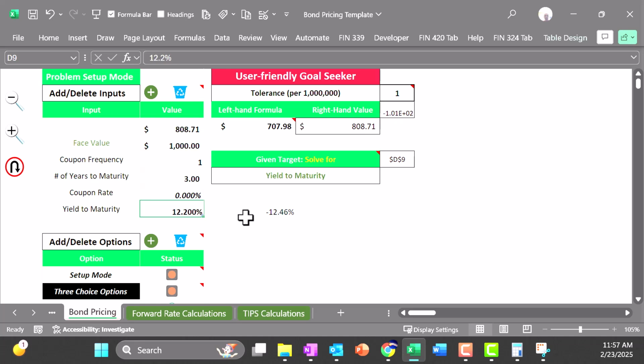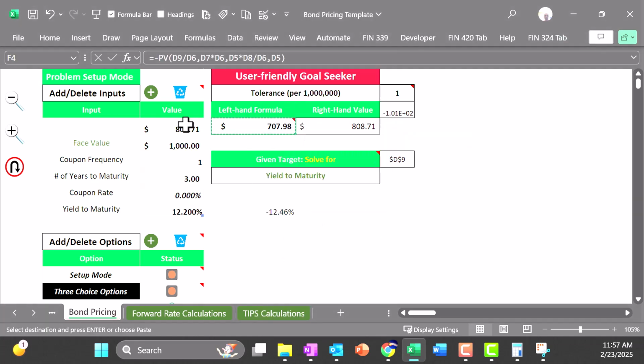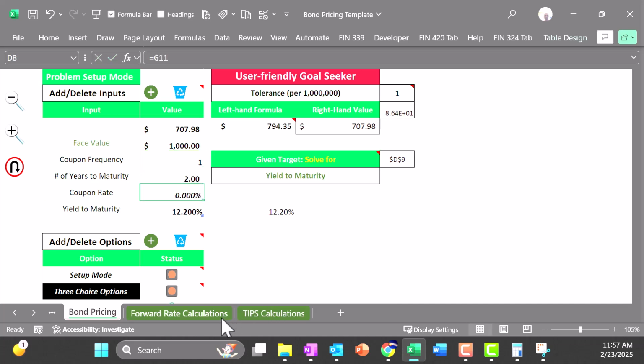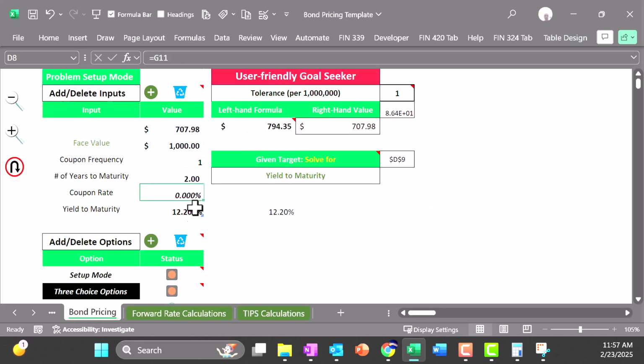Okay. So they would be trading at 707.98. Next year, this will have 2 years left to maturity, but the 2-year rate is going to be 11.70.